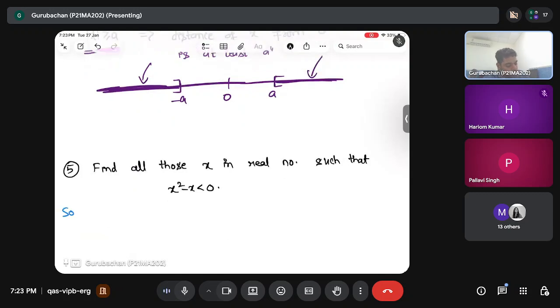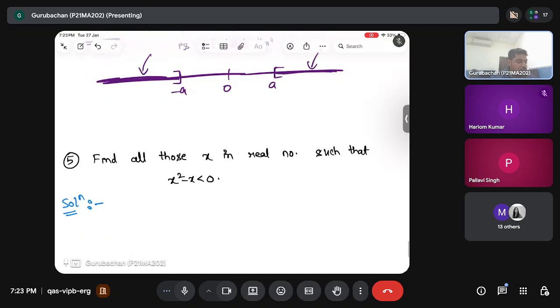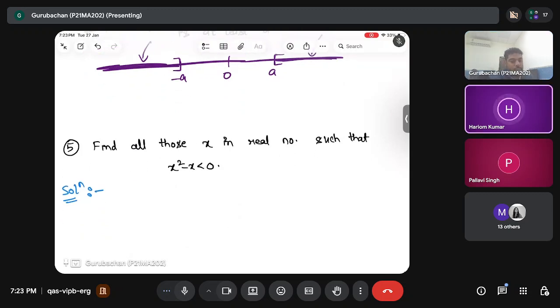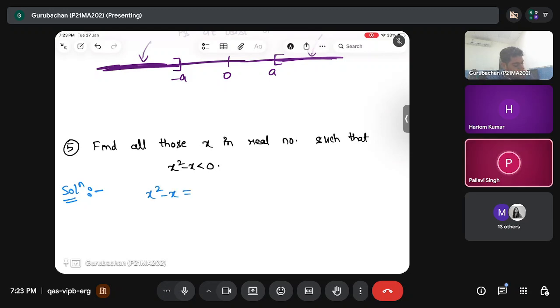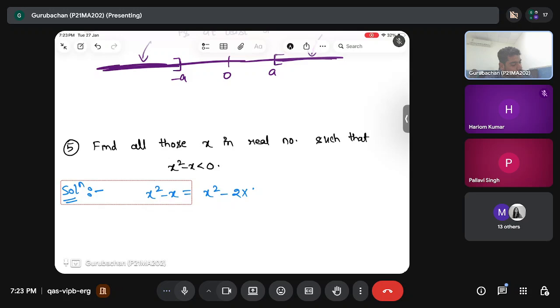So how will you do this one? Anyone? By the complete square method. So we can write this as x into x minus 1. So x square can be written as 2 into 1 by 2 into x. I am just recalling what a plus b whole square is: a square plus b square plus 2ab.